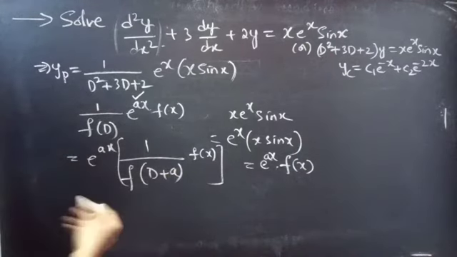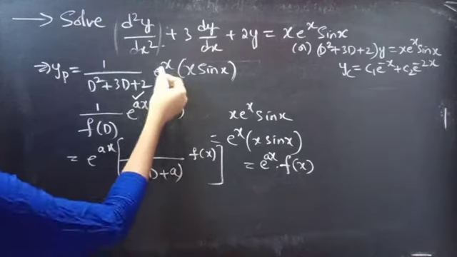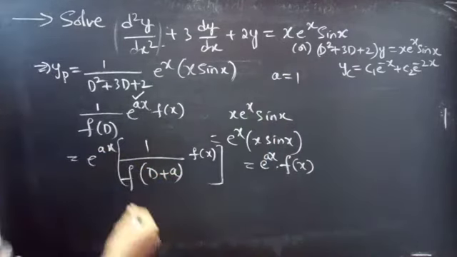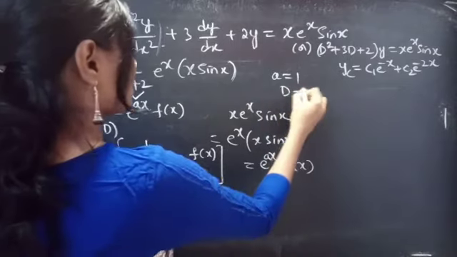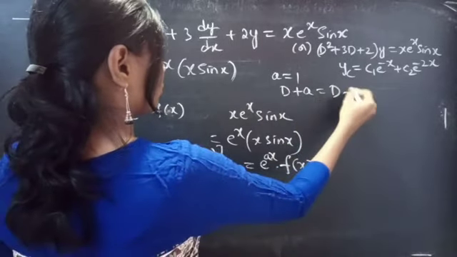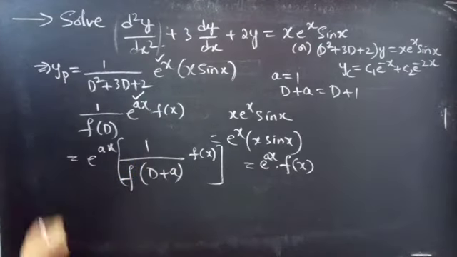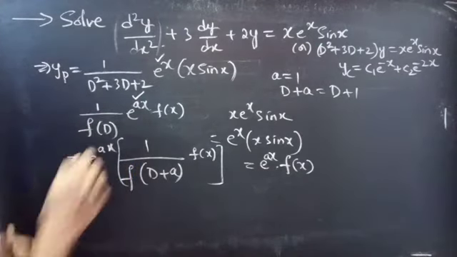Now, just compare e power ax or e power x with e power ax. Then for a equals 1, we'll find D plus a, which is D plus 1. Let's shift e power x towards left by replacing this D with D plus 1.